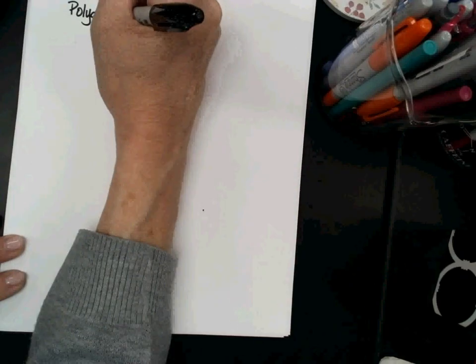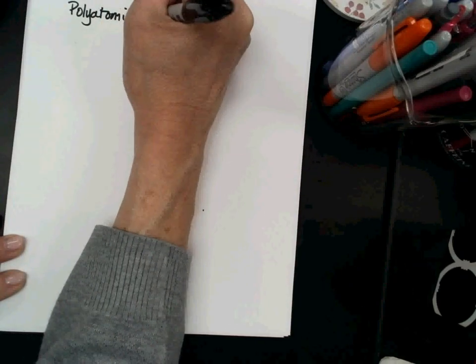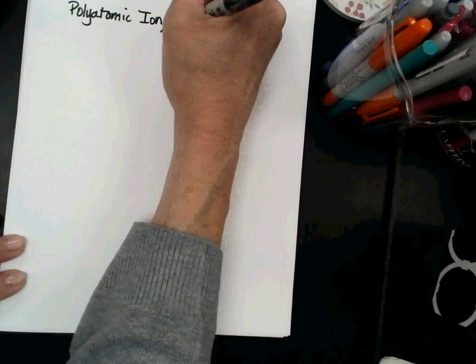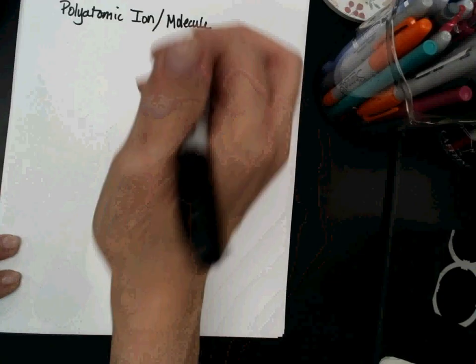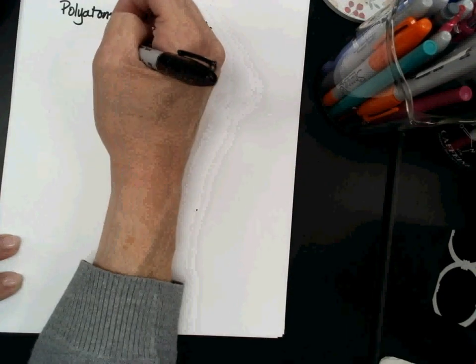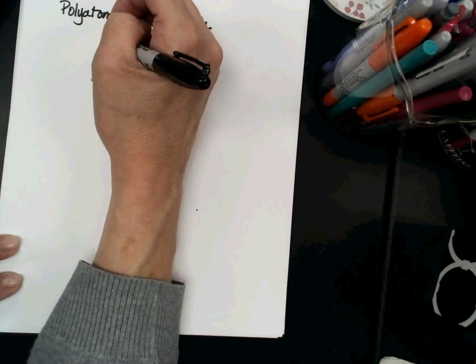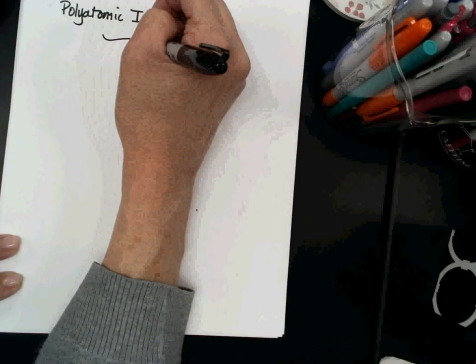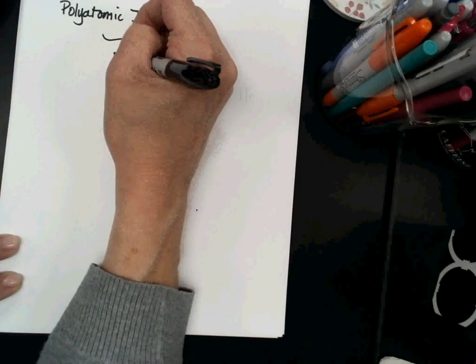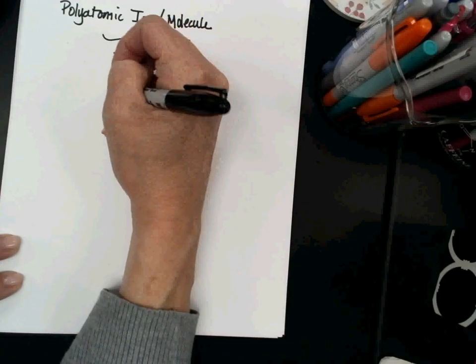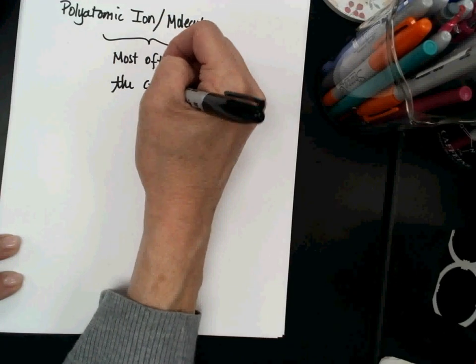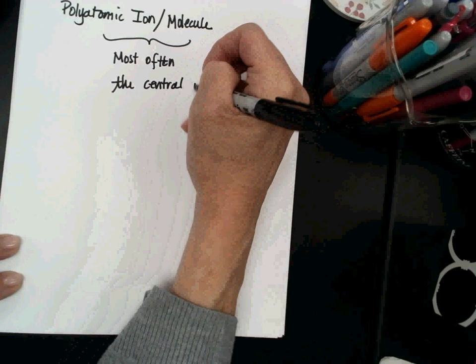So if we're looking at a polyatomic ion, or I could call something a polyatomic molecule as well, when I'm dealing with something like this, most often the central atom is written first.